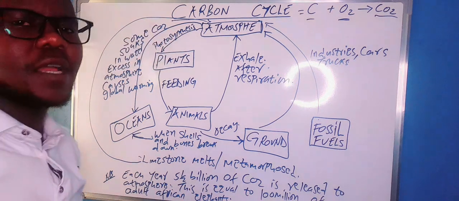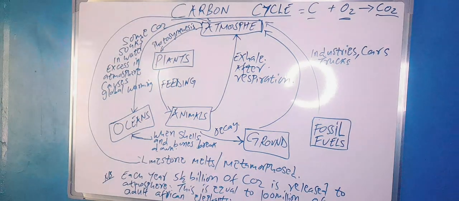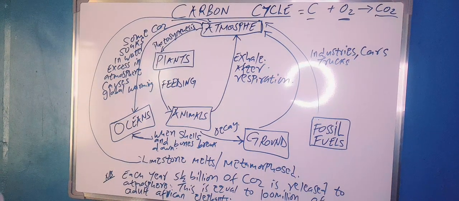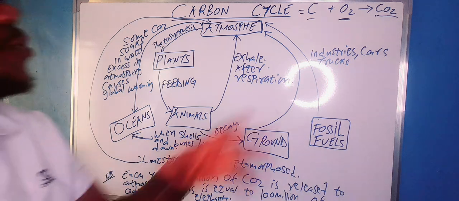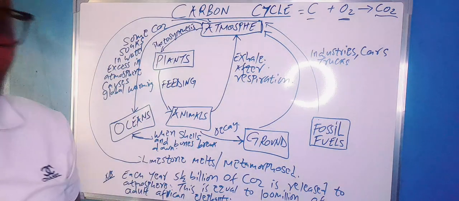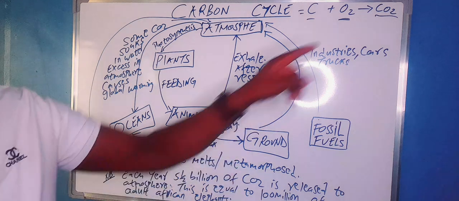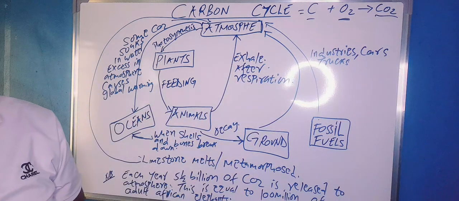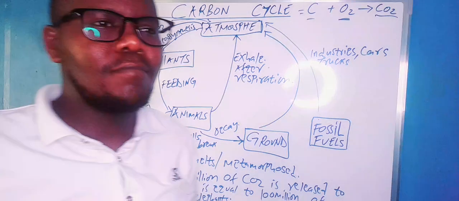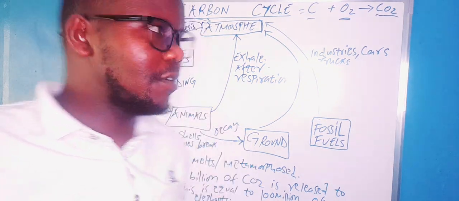Let's discuss the carbon cycle. We're speaking about carbon, which is in the atmosphere. We have another gas, which is oxygen. During the process of photosynthesis, in the presence of light, what will be formed? Carbon dioxide will be formed as the end product of photosynthesis, right?